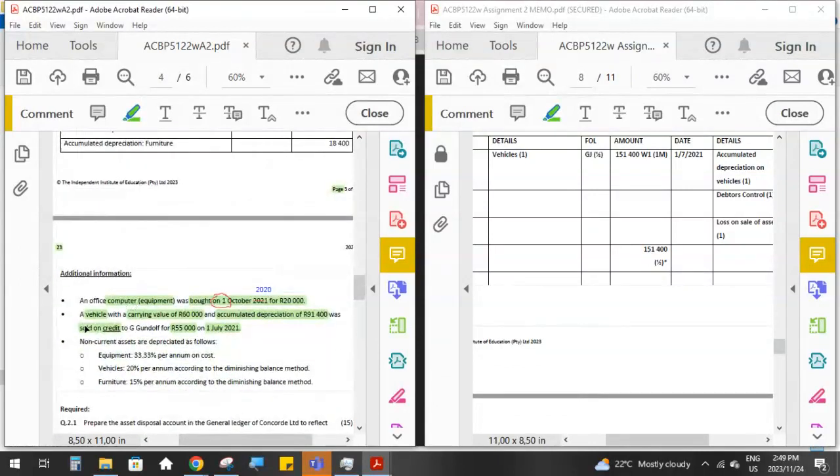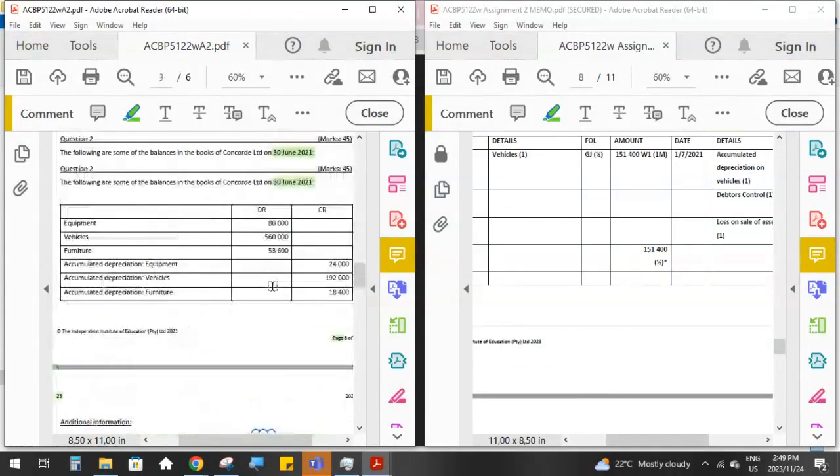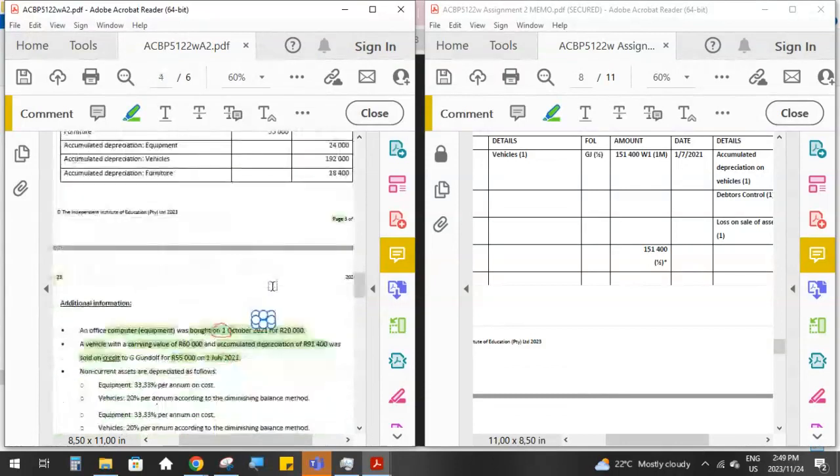Then the second one, it's a vehicle that was sold on the 1st of July 2021. So go back to our, I hope that date is correct. Let me just double check something. Sorry guys, before we carry on, I want to just see that they've got that date.